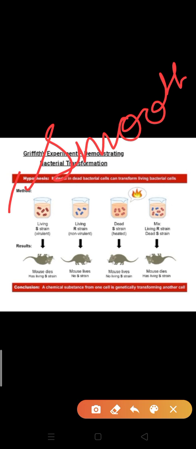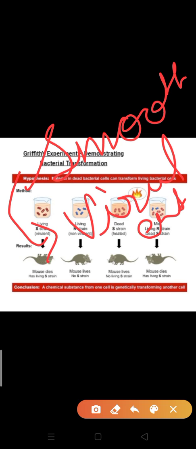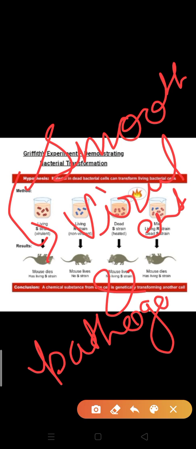Next point: since there are two types, they have different characteristics. Why did Griffith use smooth and rough types of Streptococcus pneumoniae? Because the smooth type is virulent and pathogenic. Pathogenic means it can cause disease.